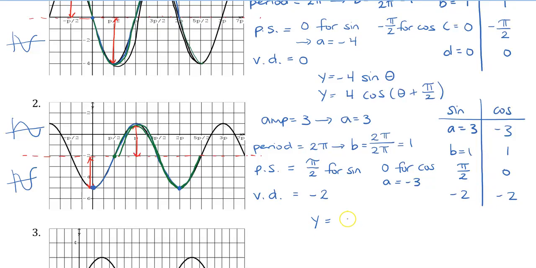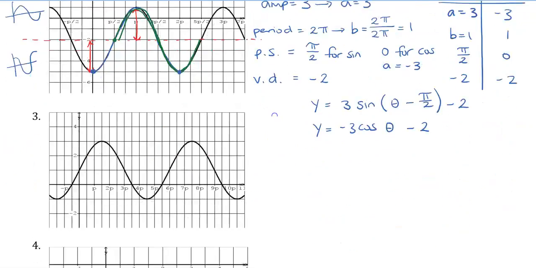So writing my equation, I have y equals 3 sine, my b value is 1, but I have a phase shift of pi over 2 for sine, and then minus 2 to say that it's moving down. And then for cos, it's y equals negative 3 cos, and then theta minus 0, so actually I don't really need to write that in. So I have cos theta and then minus 2.